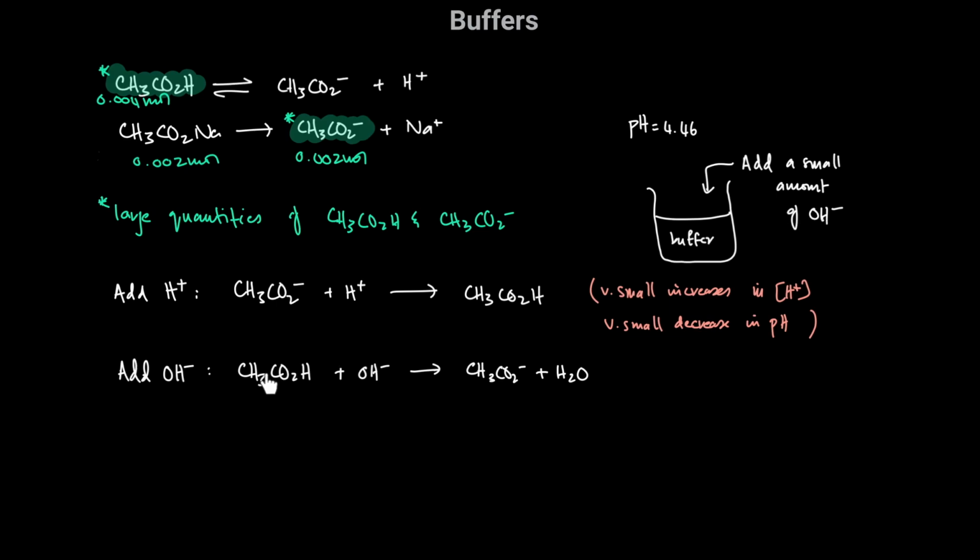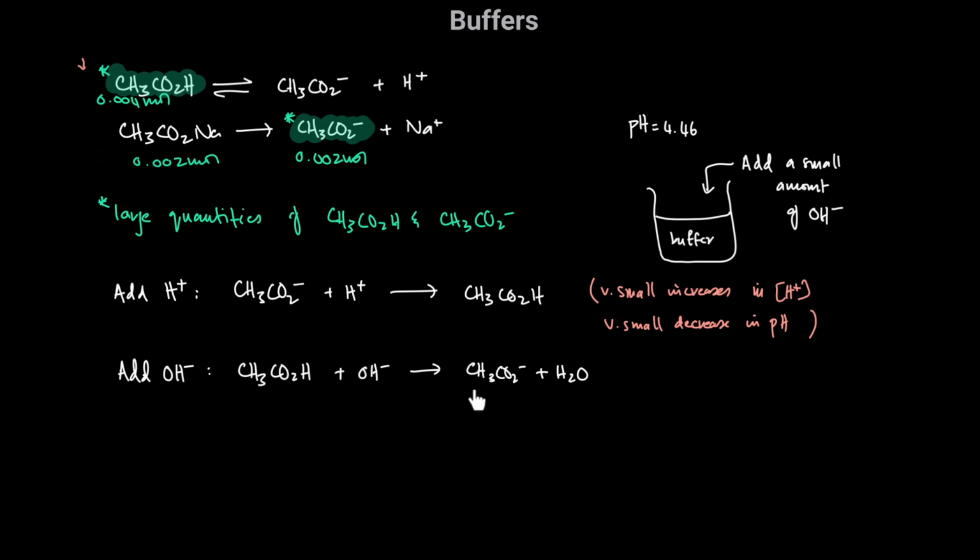Because we have acid present in fairly large quantities, and this acid barely ionizes, the concentration of acid barely decreases even after this reaction. There's a very, very small decrease in the concentration of acid when it reacts with those excess hydroxide ions.